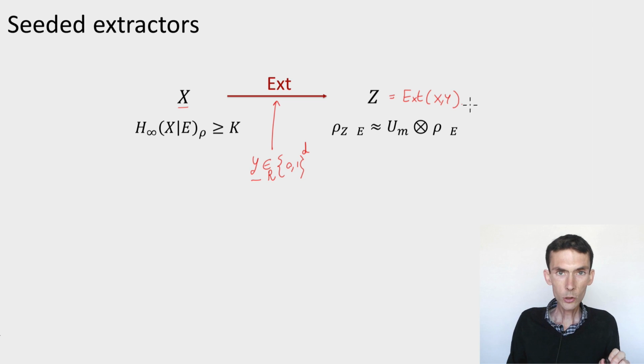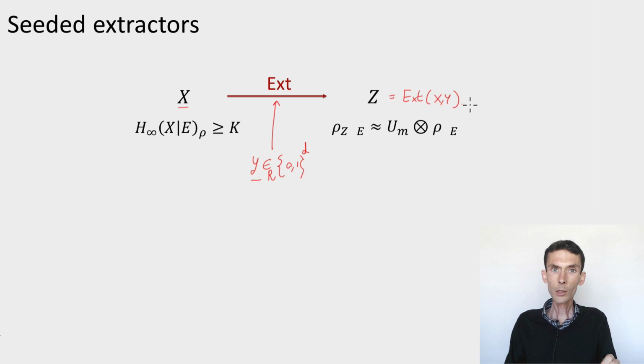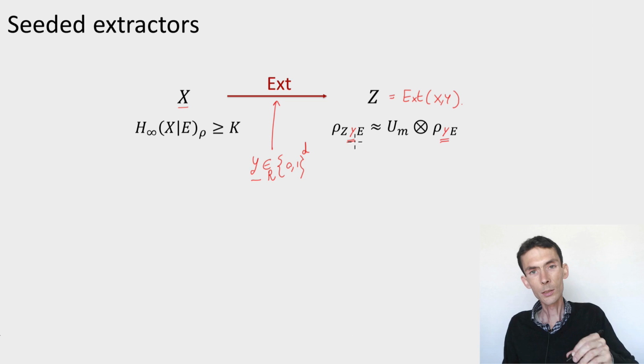And now the condition will be that not only should the output be uniform from the point of view of the eavesdropper, but it should also appear uniform from the point of view of an eavesdropper who holds the initial side information E and also is given access to the seed Y. So we'll put a Y here to represent this seed.